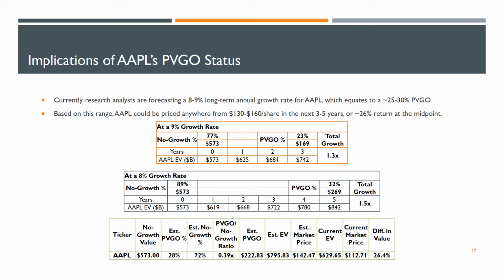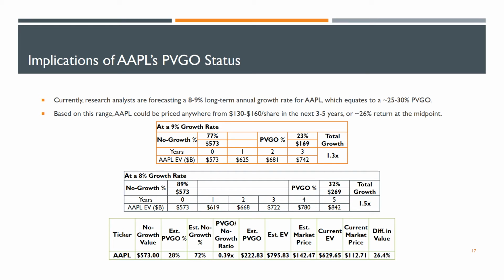Also, we are making an assumption that the forecasted growth rate for Apple, in this case earnings per share, is similar to free cash flow, which we've already discussed and shown that you can make that case, and the correlation is already there for Apple. So, based on this range, 25 to 30% PVGO, Apple could be priced anywhere from $130 to $160 per share, or approximately 26% at the midpoint.